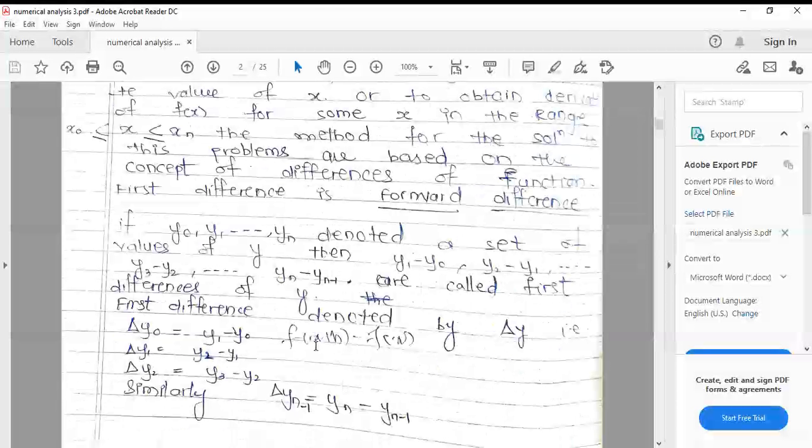But in the first forward differences, how many values will we get? y1 minus y0 is first, y2 minus y1 is second, y3 minus y2 is third, and so on, up to yn minus yn minus 1. This will be the last one. So initially we have n plus 1 values. After finding the first difference, we will have only n values.